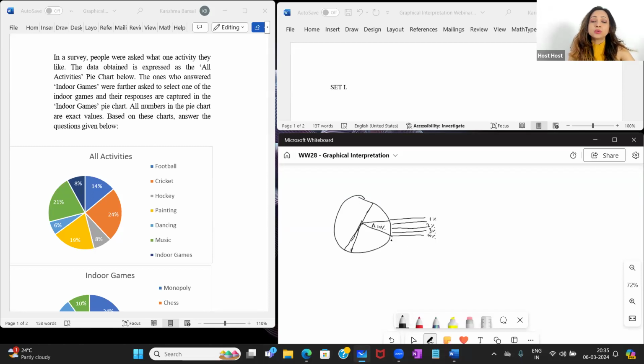Now, this is not a true pie in pie graph, right? This is just this particular part, which is divided into 4 different parts. I could very well divide this chart as it is, and this part into, let's say, 4 parts. It becomes very difficult to label this diagram.